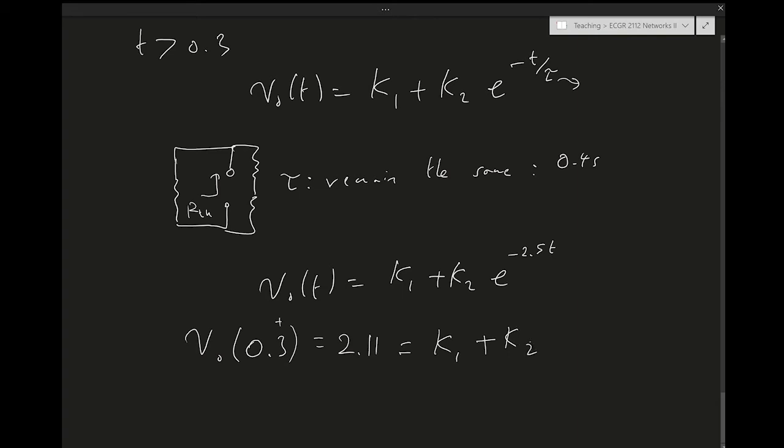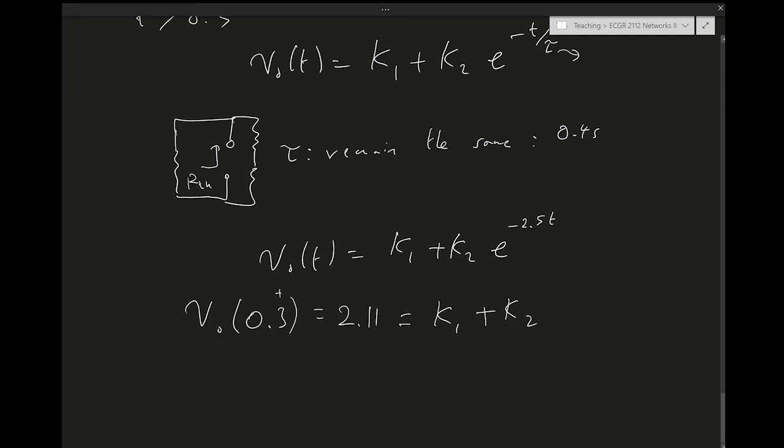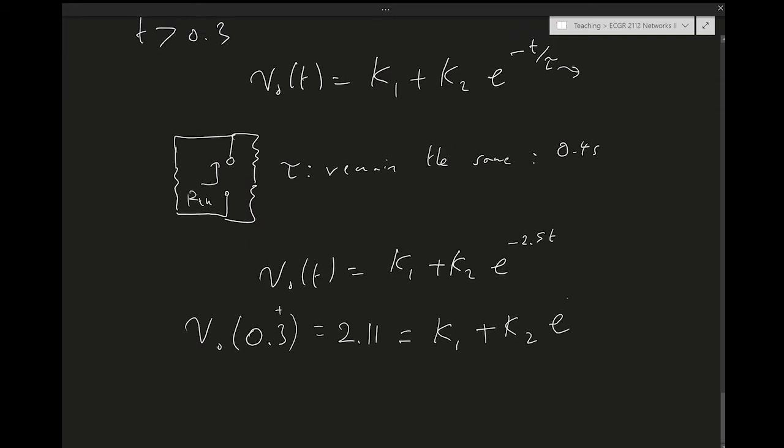This is an example now of a calculation where we're not doing it at t equals 0. So this exponential will not cancel out easily or reduce to 1 or 0. So we have to calculate the exponential. So this is going to be e to the minus 2.5 times 0.3, right?